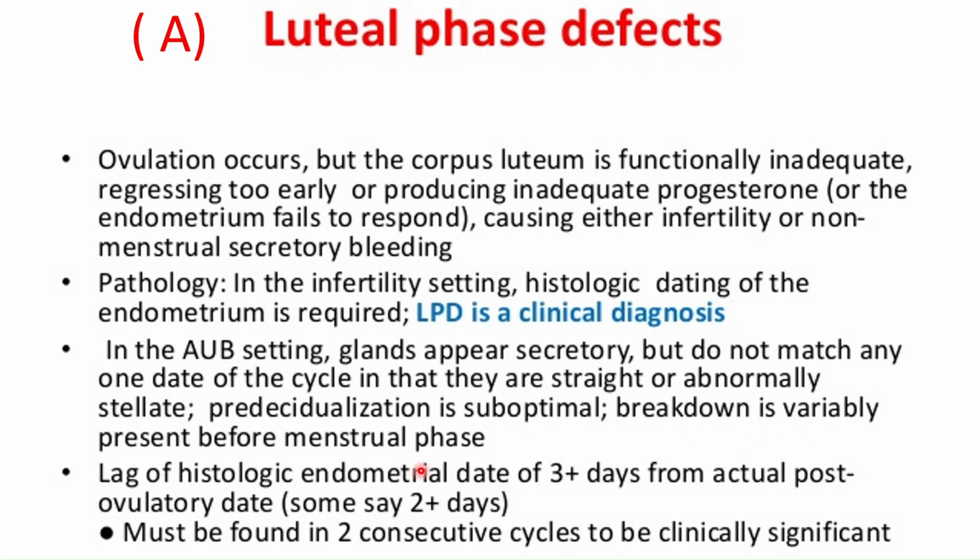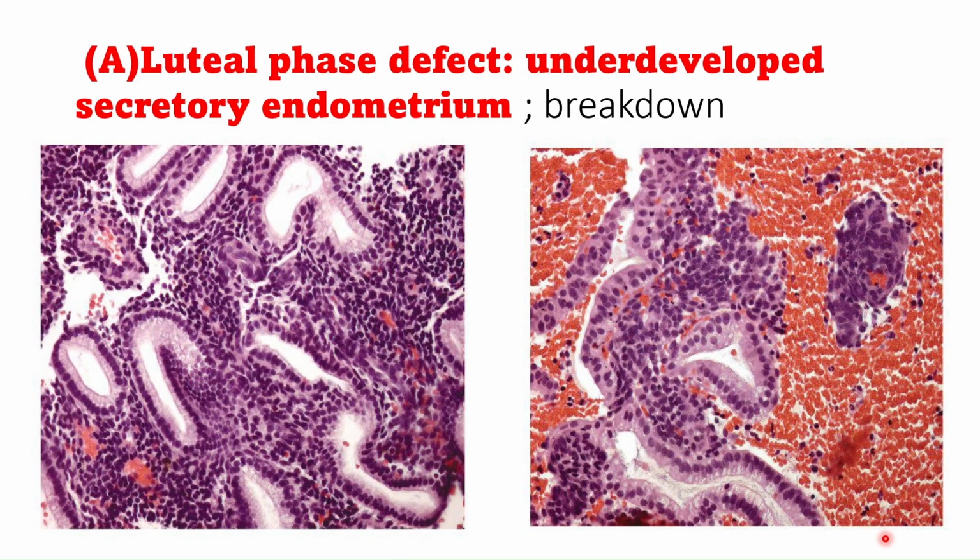Breakdown is variably present before the menstrual phase. So there is no matching between the appearance and the proper menstrual date. There is a lag of the histologic endometrial date of 3 or more days from the actual post-ovulatory days. It must be found in two consecutive cycles to be clinically significant.